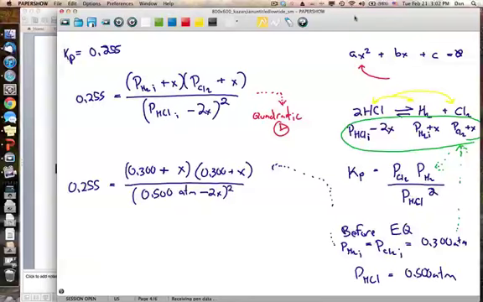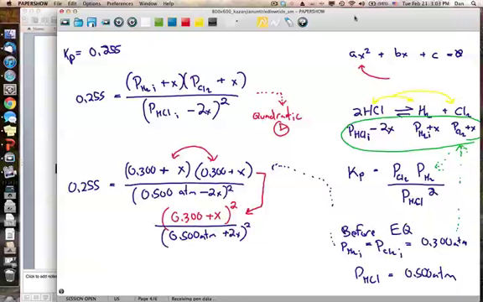And if you have a mathematical eye, what you'll see is that this can be rewritten as 0.300 plus x squared, because these two quantities are in fact the same, all of that divided by 0.500 atm minus 2x squared, equal to 0.255.